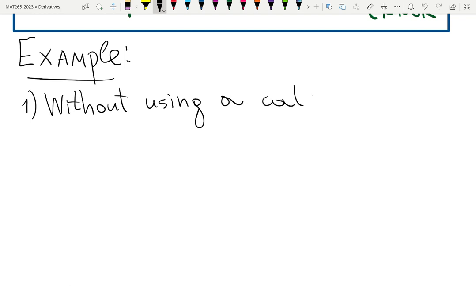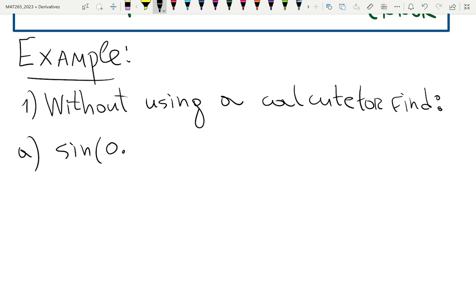This one says calculate without using a calculator. It's fine using a calculator. Find, I guess. Or calculate. A, what is sine of 0.17?